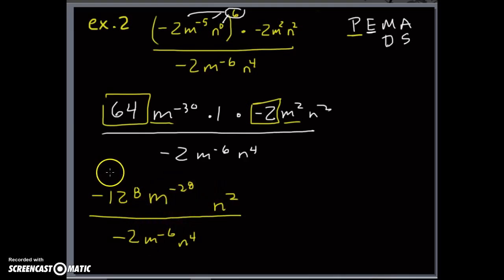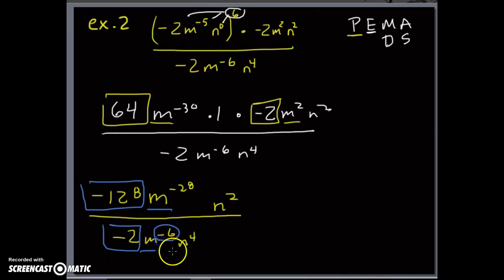Now we can go ahead and divide using the quotient rule. We've got negative 128 divided by negative 2. We've got our m's. Negative 6 is larger, so let's keep it in the denominator. And our n's, 4 is larger, so let's write the subtraction in the denominator as well. So we've got negative divided by negative is a positive. 128 divided by 2 is a positive 64.